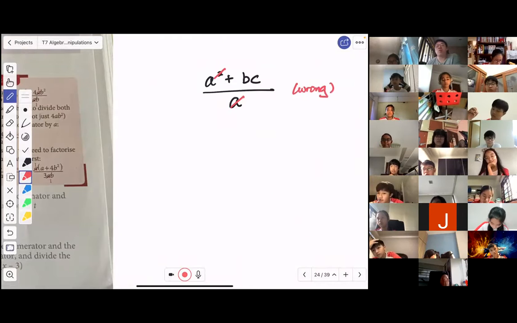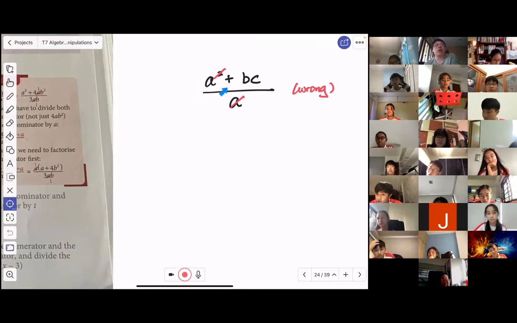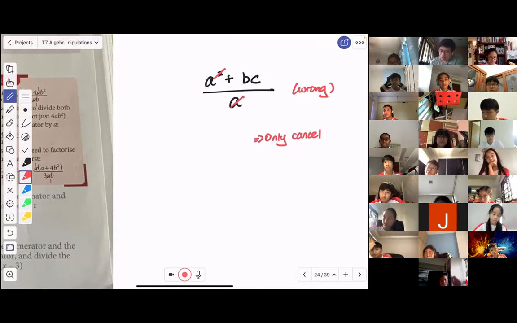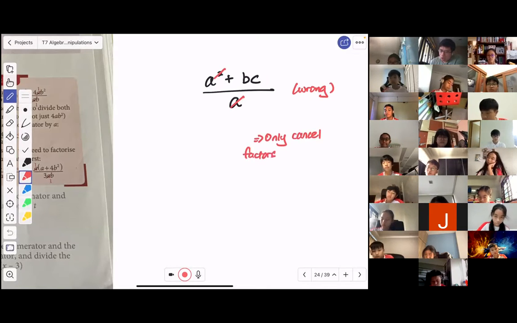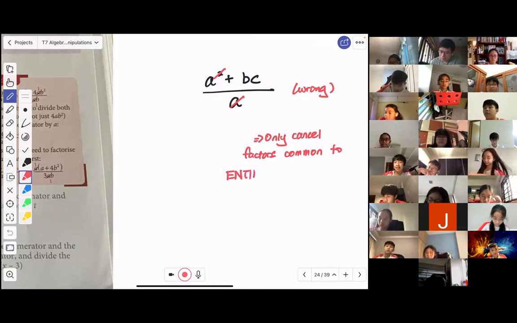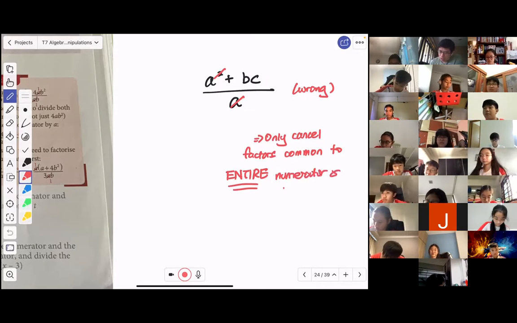The reason why this is wrong is because the a here is not a common factor. The a is not a common factor to the entire numerator. So you only cancel factors that are common to the entire numerator and denominator.